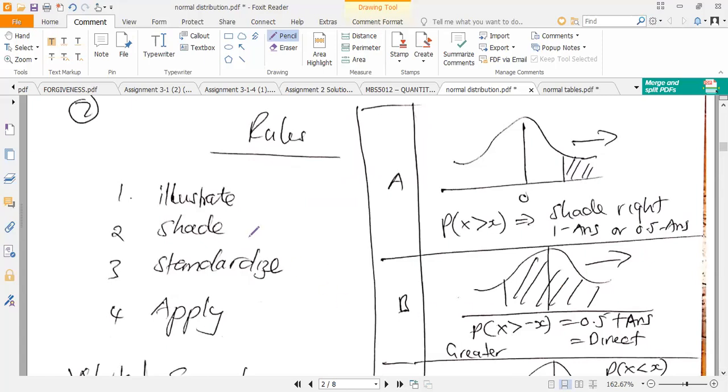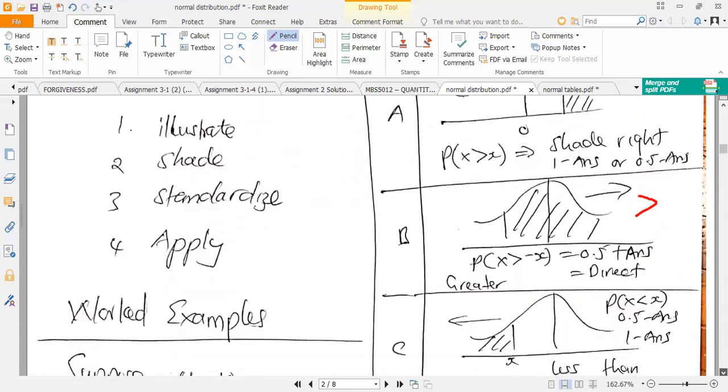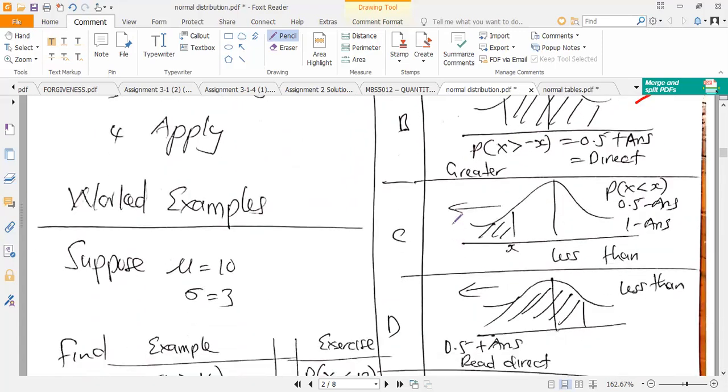Number 1, you need to learn how to illustrate. Number 2, you need to learn how to shade. Whenever it's greater, we shade to the right. Less, shade to the left.